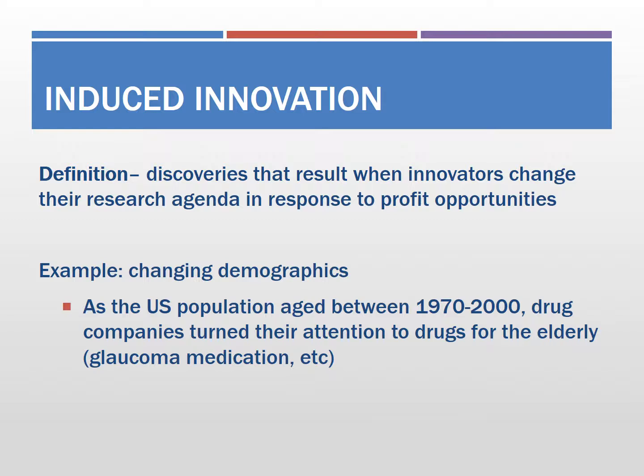So if they see demographic changes in the market, they will respond to it and shift the focus of the drugs to other areas, or other types of diseases, or other uses in the market. One example that is evidence of this induced innovation is the change of demographics.